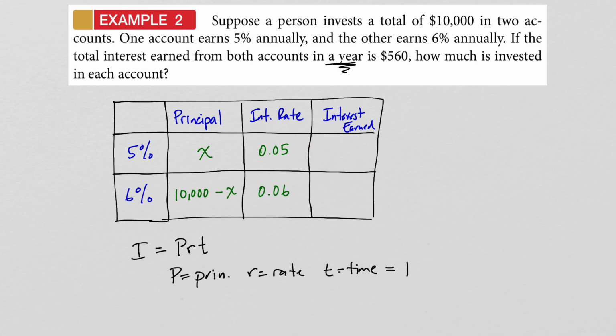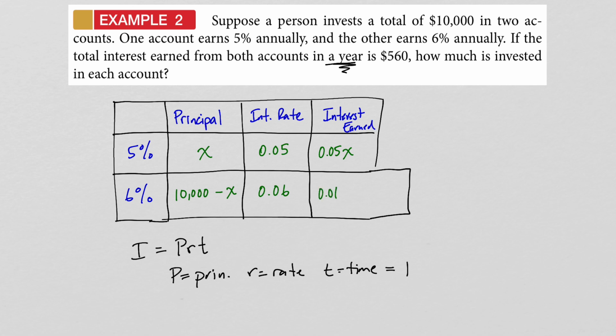So for example, in 1 year in the 5% account, we are going to earn 0.05 times X. And in the 6% account, we are going to earn 0.06 times 10,000 minus X. And I think I might need a little more space in this spot to write that down.